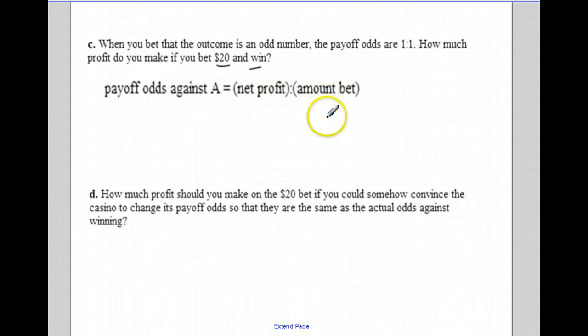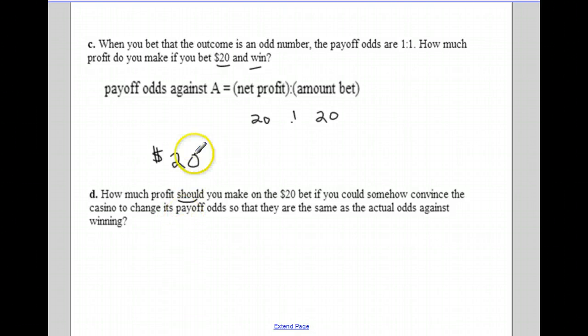So for every dollar you spend on your bet, that's how much you profit back. So the answer to this one's just plain old $20. Whatever you bet's what you get back. But what they're asking you here is how much profit should you make in theory on a $20 bet if you could convince them to pay you the actual odds against instead of payoff odds.